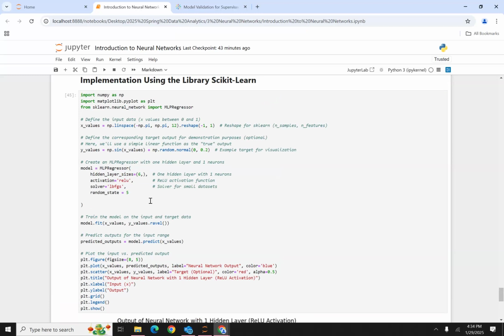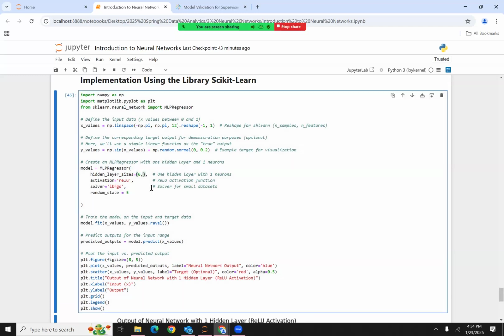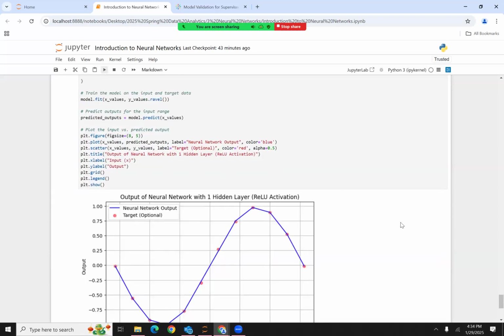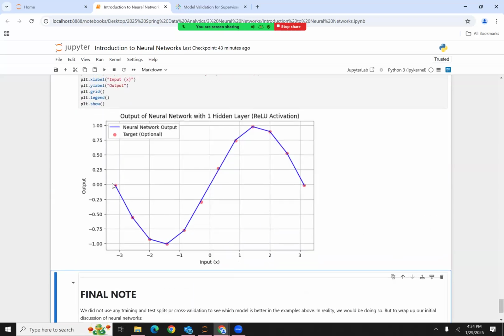Well, what if I tried something more complex? What if I tried something like 10 hidden neurons in that one layer? Then probably we might be able to do a little bit better. And you can see that with 10 hidden neurons, I'm pretty much just connecting all the dots and I have a perfect match to my training data. I'm not saying that an artificial neural network with 10 hidden neurons is better than a simpler model.